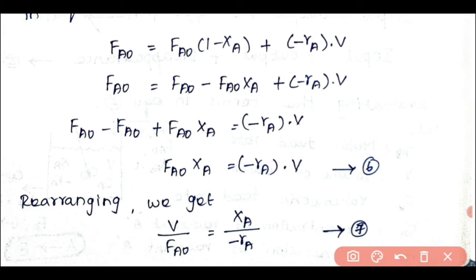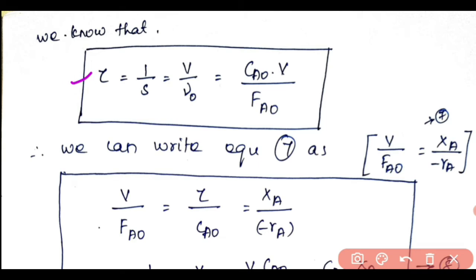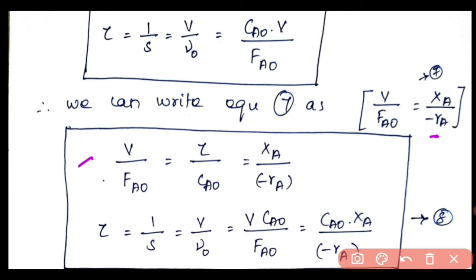Next, we know that the residence time tau is equal to 1 by S, that is equal to V by mu naught, which is equal to Ca naught into V by Fa naught. So we can write this in equation 7 as V by Fa naught is equal to tau divided by Ca naught, which is equal to Xa divided by minus Ra.